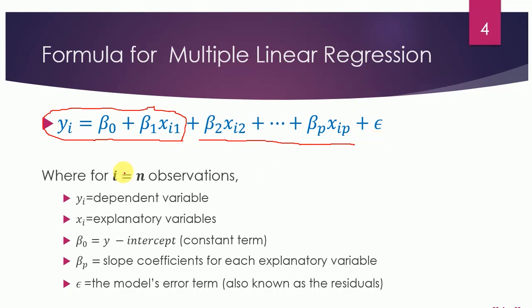For i equal to 1 to n observations, y i is the dependent variable, x i are the explanatory variables, and beta 0 is the constant term, the y-axis intercept. Beta p is the slope coefficient for each explanatory variable. Remember, in simple linear regression we had one slope coefficient. Here there are p slope coefficients, and epsilon is the model's error.